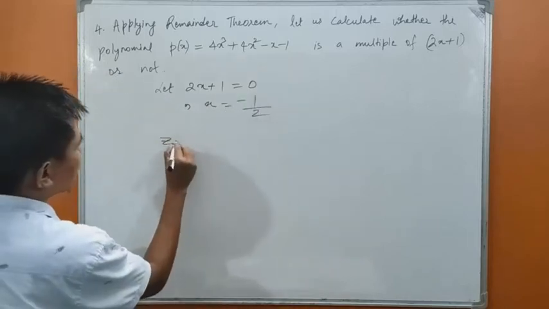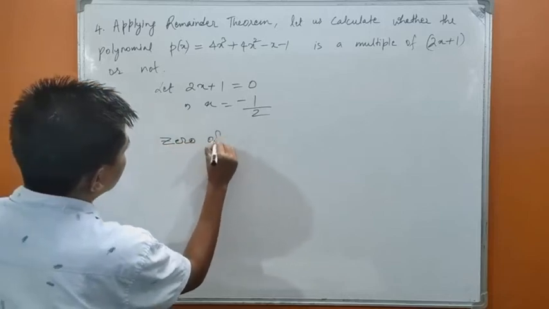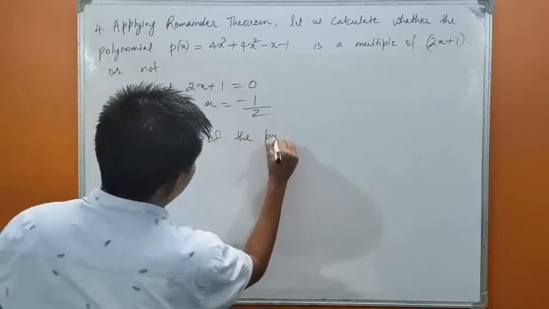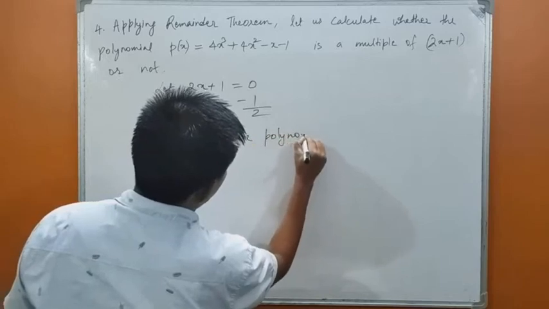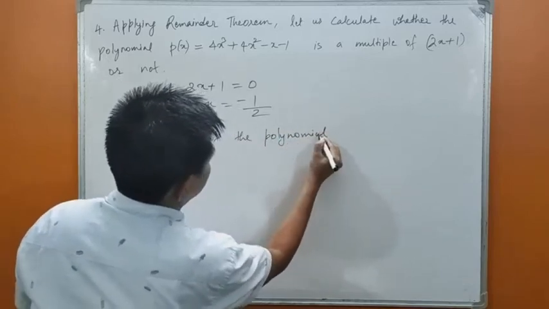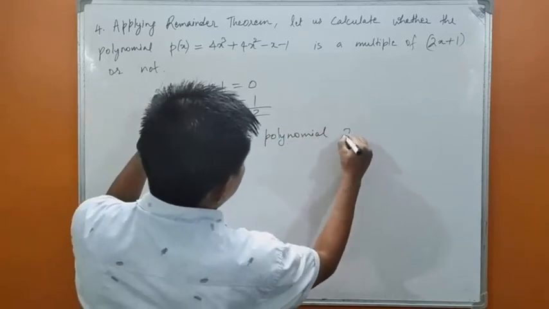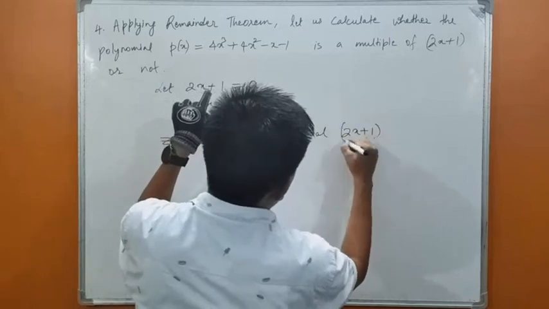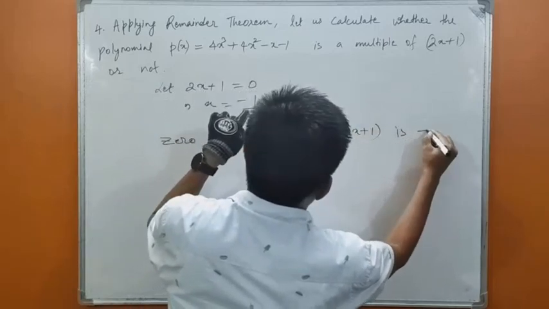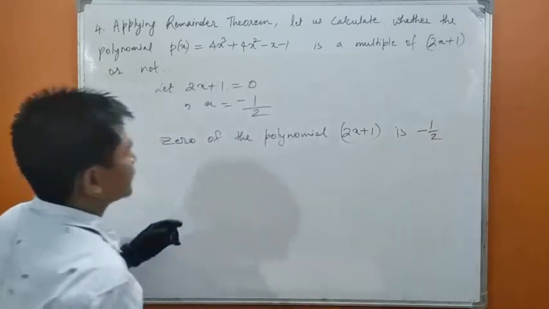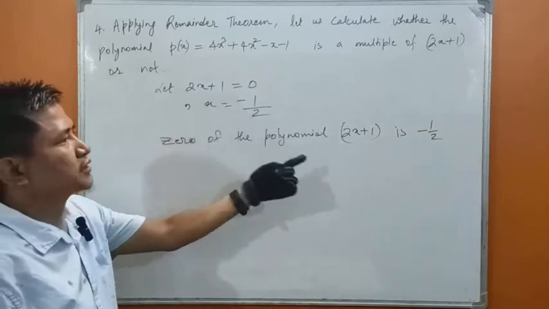So the zero of the polynomial 2x plus 1 is minus 1 upon 2.